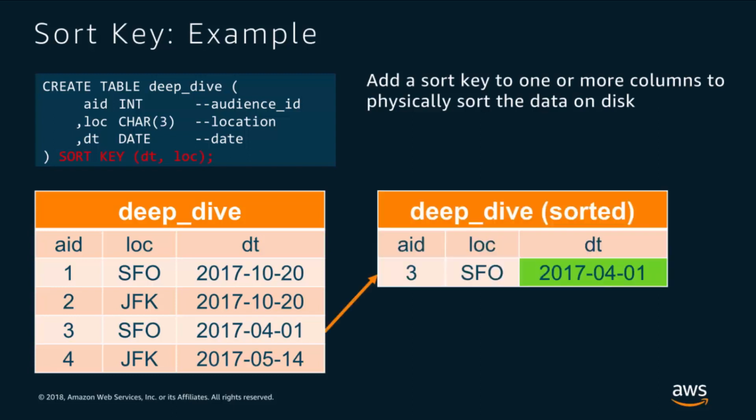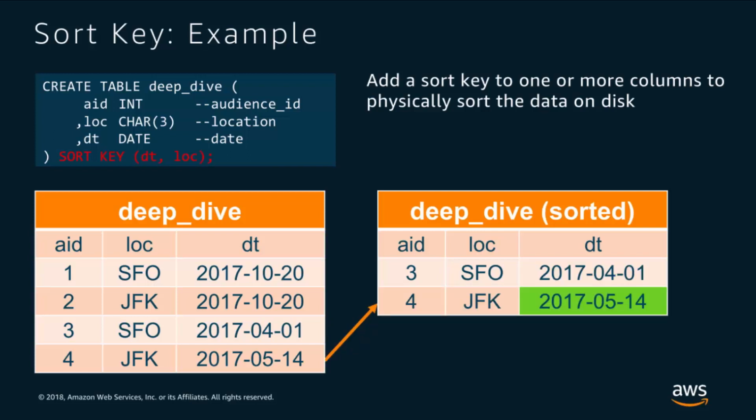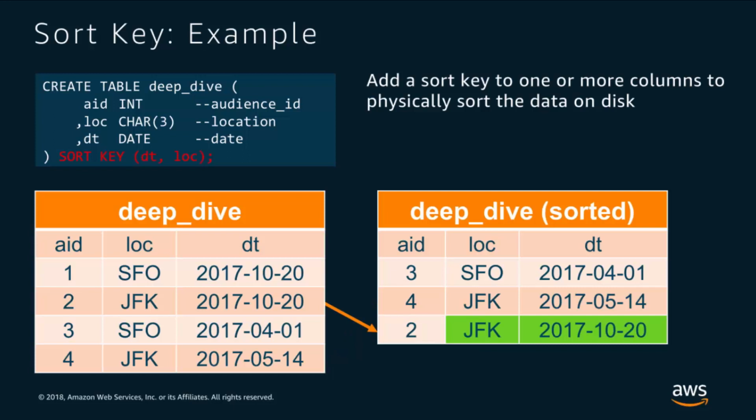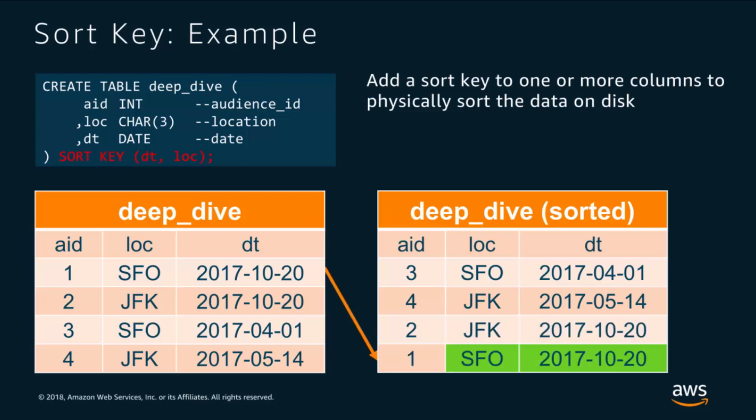If we were to take this table and sort it, the first date here is going to come up, and then the second date. And then here we have two dates that are exactly the same, so we're now going to look at the location column to pick the order for this. And then the next record, and we have our fully sorted table. That's how the data would look if you added a sort key to this table.